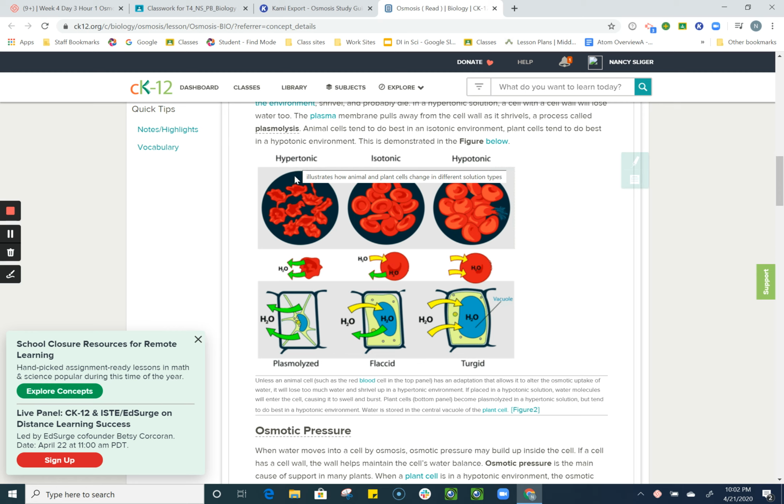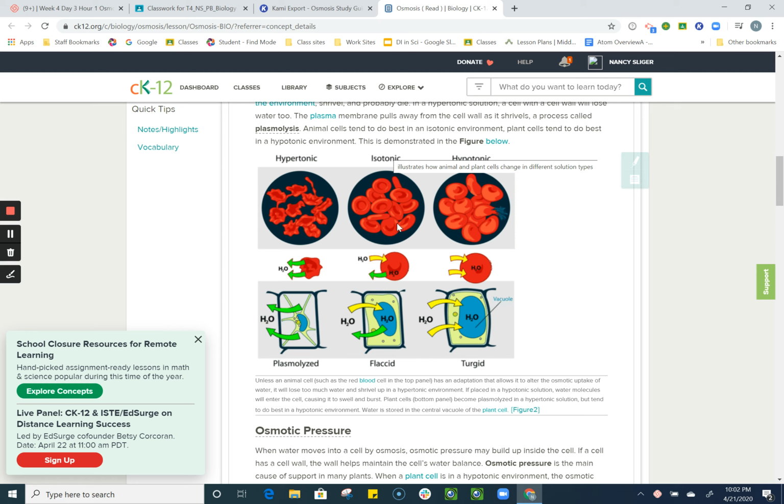Let's say this is 80% solute or 60% solute, and this is 40. If this is 60, that means the water content's 40. If this is 40, the water content's 60. So the water moves from higher to lower. Since the cells had more water than the outside solution, the water left the cells and they started to plasmolyze or shrivel.